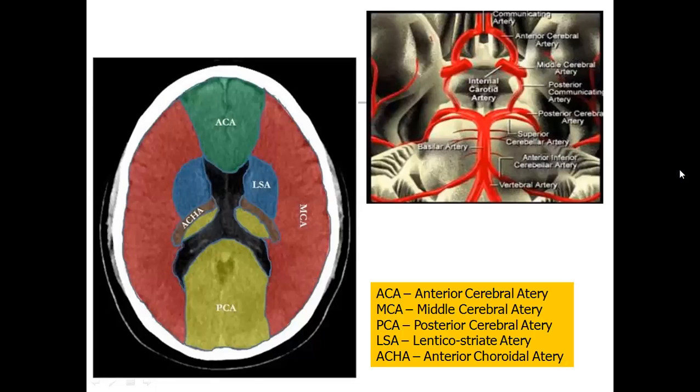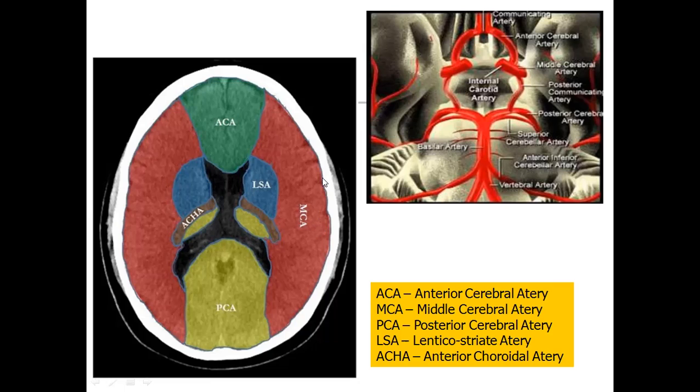This picture shows the blood supply of the brain and which region, which lobe or part of the brain, is supplied by certain arteries. For example, anterior parts of the frontal lobes receive blood from the anterior cerebral artery.